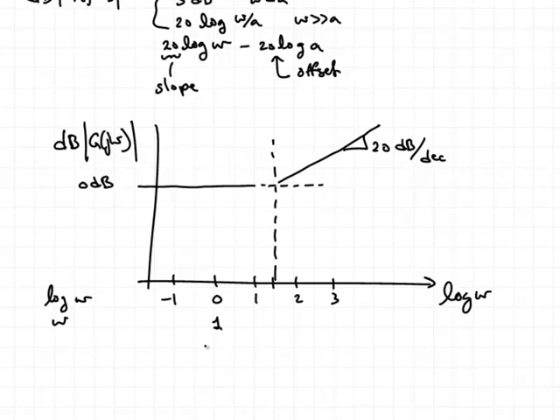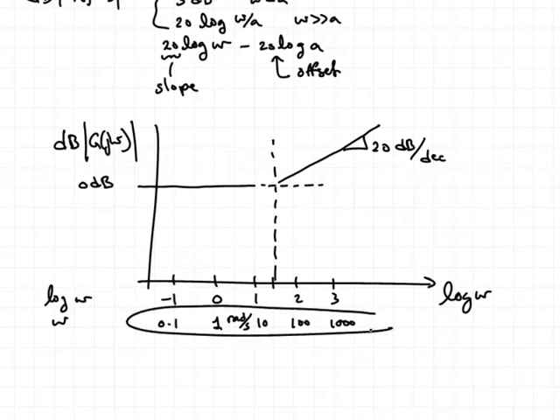So this would be 1 radian per second. This would be 10. This would be 100. This would be 1,000. This would be 0.1. So what we typically do is we don't actually plot on the horizontal axis the log of omega, but we'll just put the radian frequency or the Hertz cycle frequency, but at equal spacings we'll put powers of frequency.